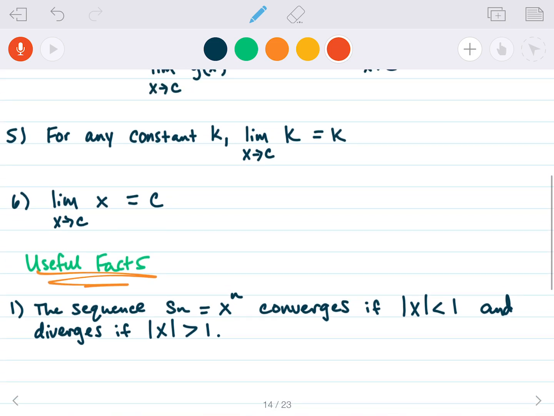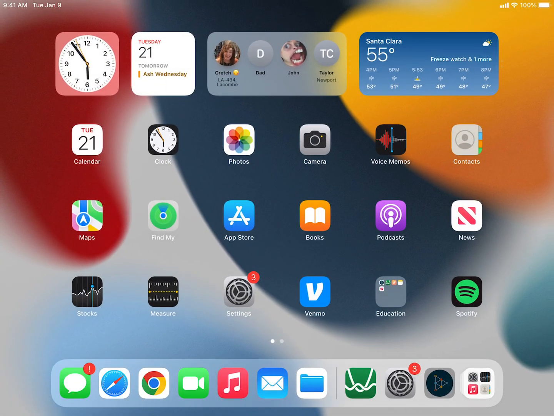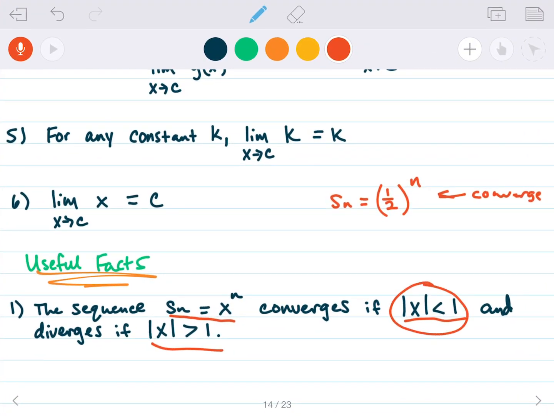The first useful fact is if we have a sequence s sub n equals x to the n, it converges if the absolute value of x is less than 1, and it diverges if the absolute value of x is bigger than 1. So for example, if we have s sub n equals 1 over 2 to the n, this is going to converge because the absolute value of 1/2 is less than 1, right?